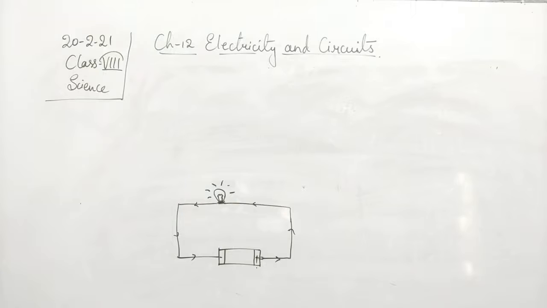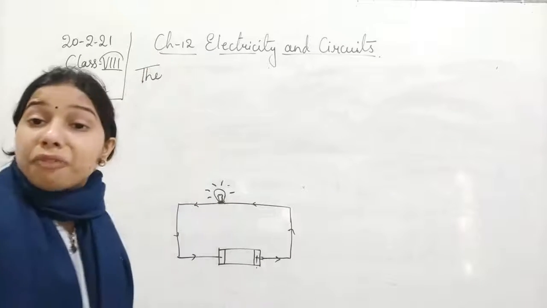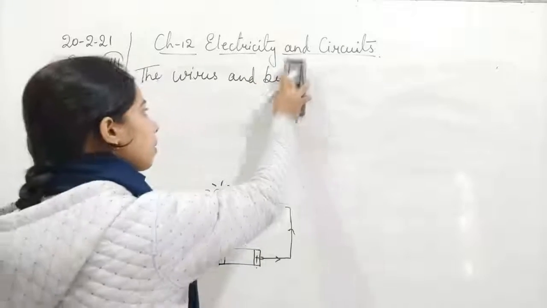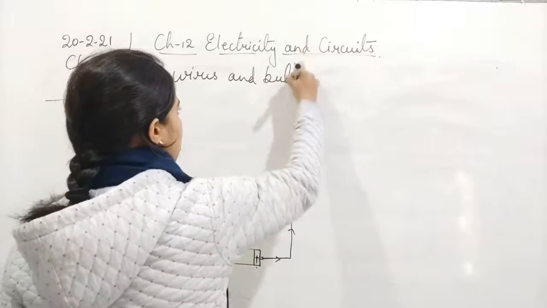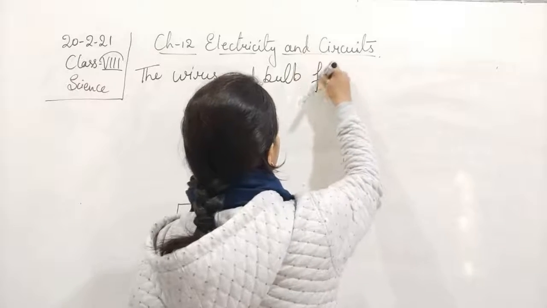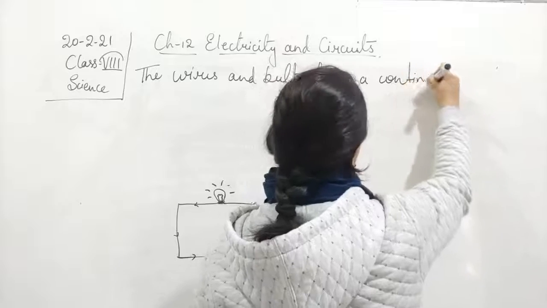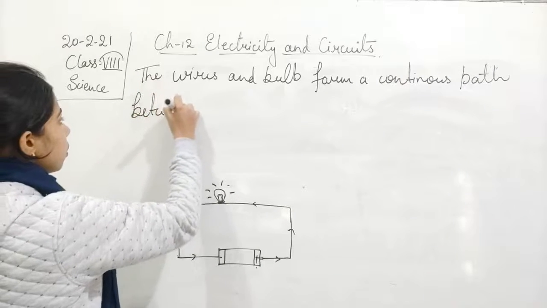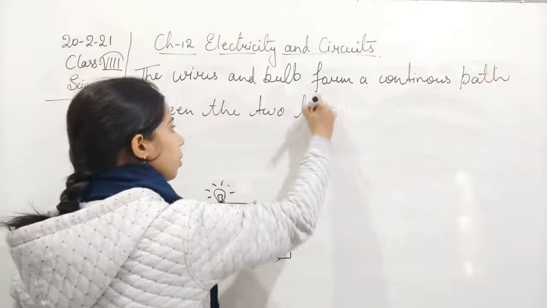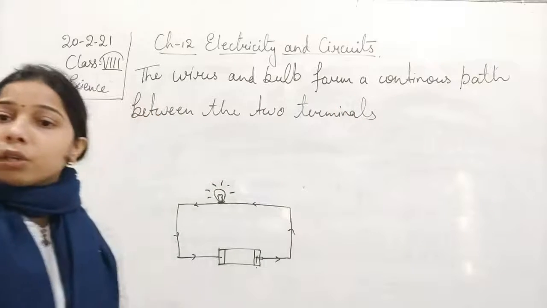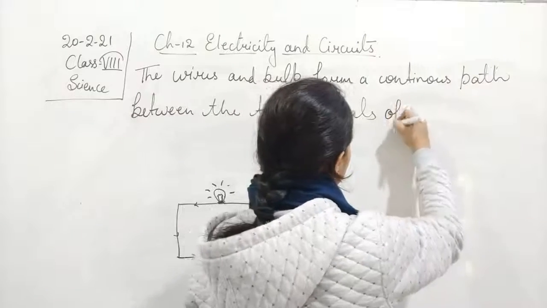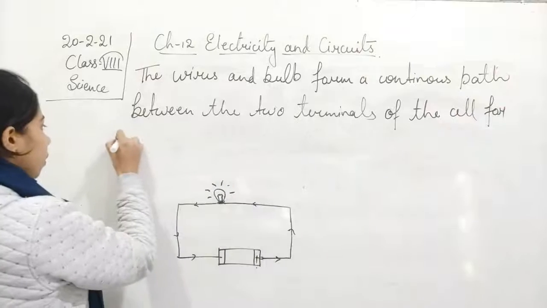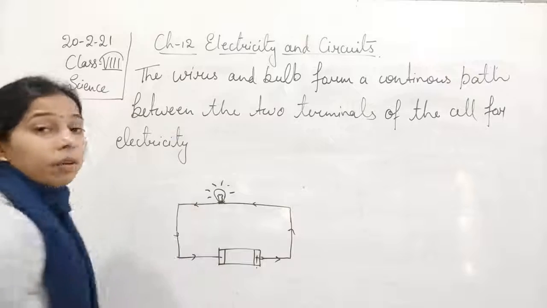So let us see the next point, students. The wires and the bulb form a continuous path between the two terminals of the cell for electricity to flow through.